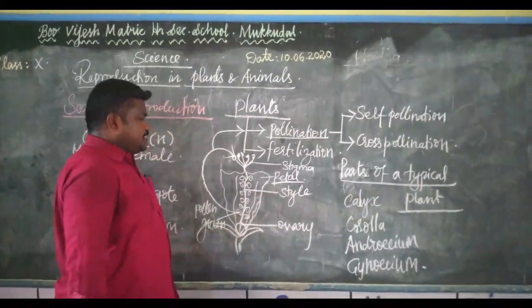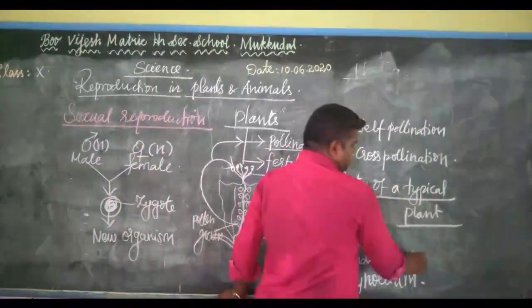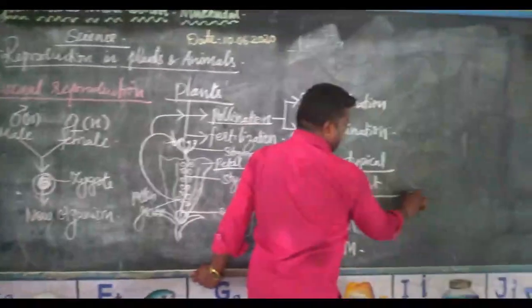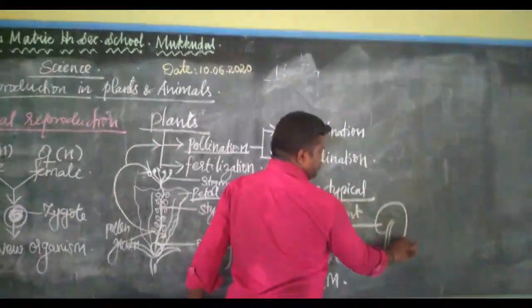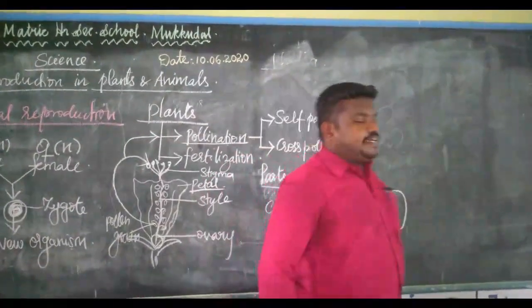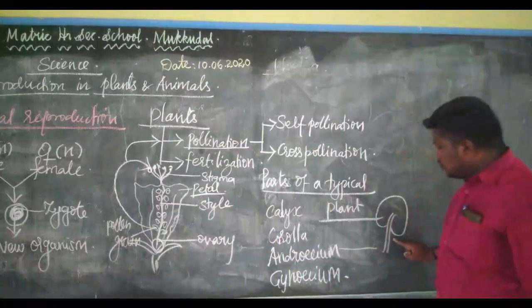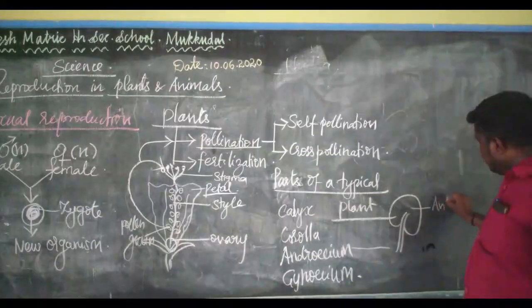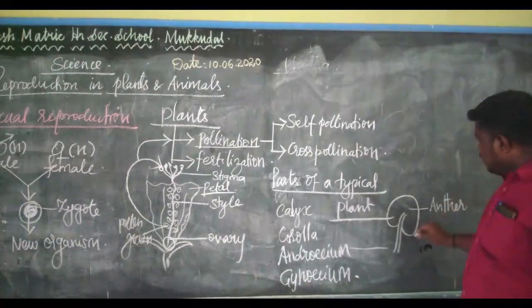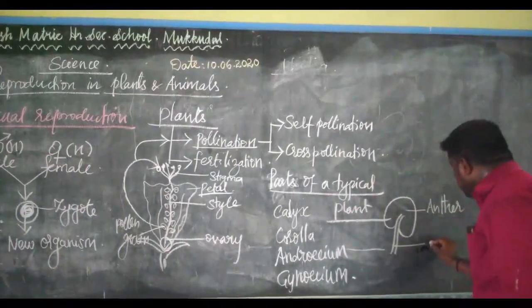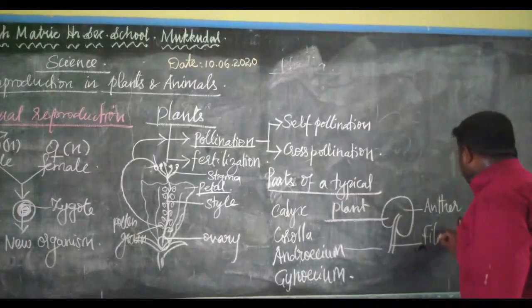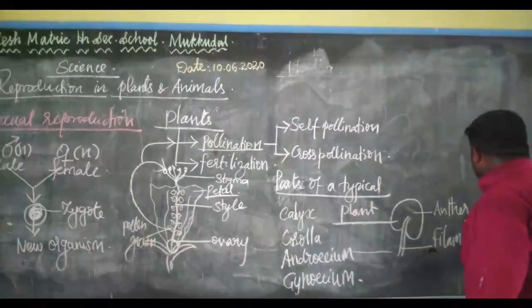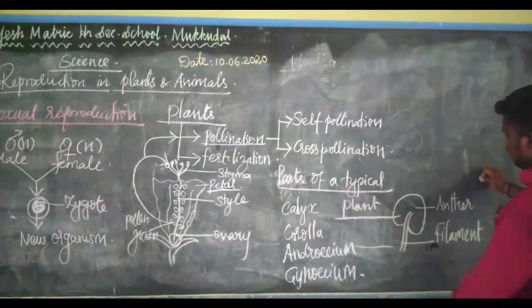Next we will see the androecium. The stamens together form an androecium. There are two parts, the anther and the filament.